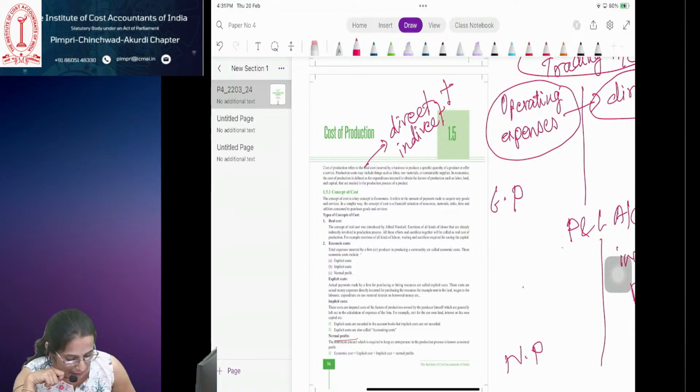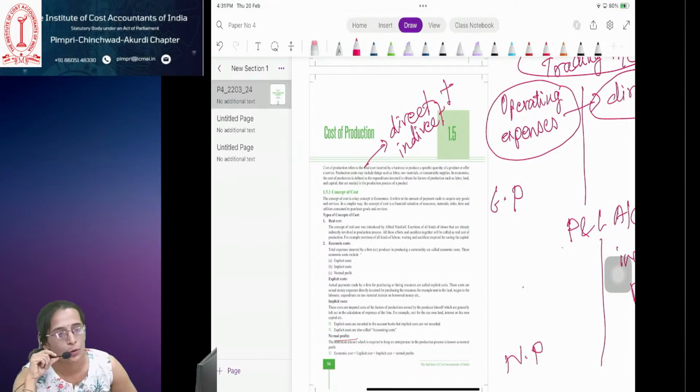Production costs may include things such as labor, raw material or consumable supplies. In economics, the cost of production is defined as the expenditure incurred to obtain the factors of production such as labor, land, capital that are needed in the production process of the product.